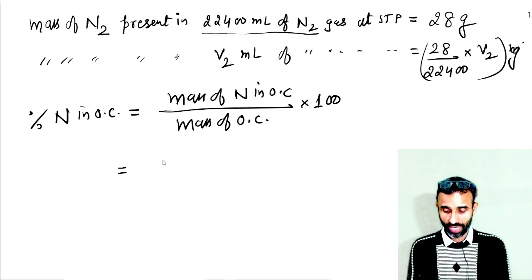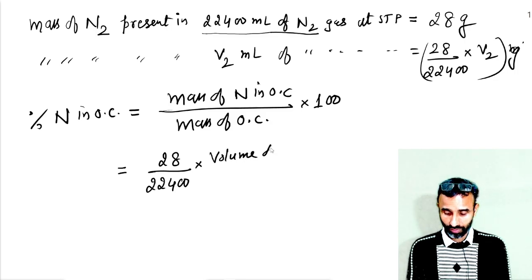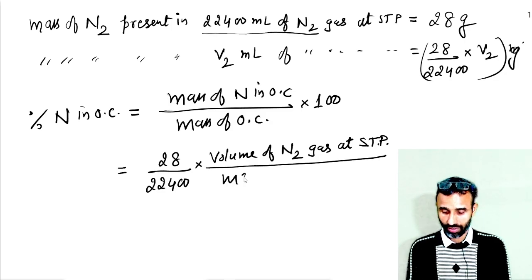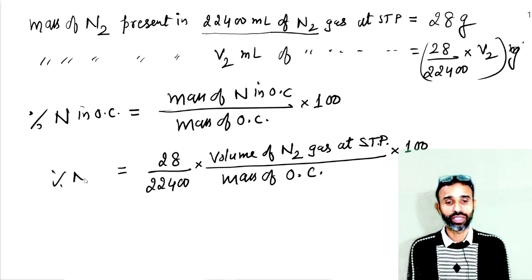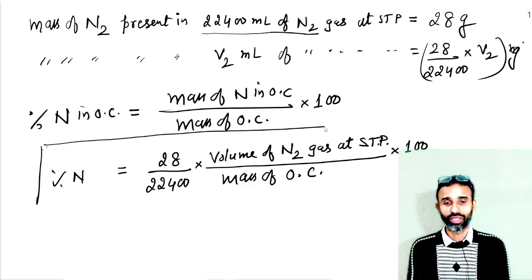So mass of nitrogen is 28 by 22400 into volume of nitrogen gas at STP, divided by mass of organic compound into 100. So that is the percentage of nitrogen we can calculate by using Dumas method.